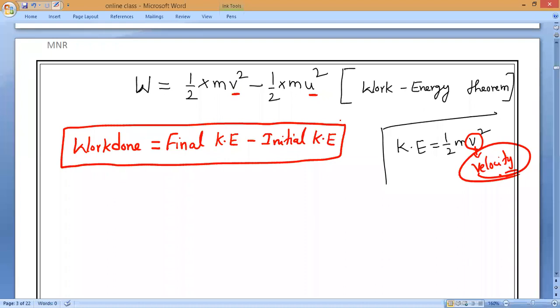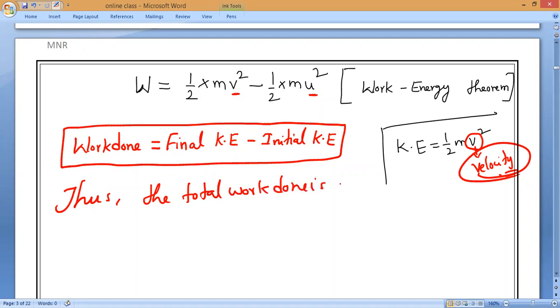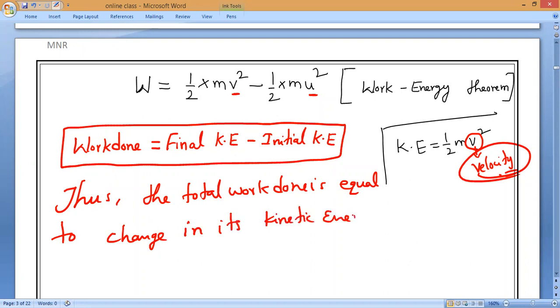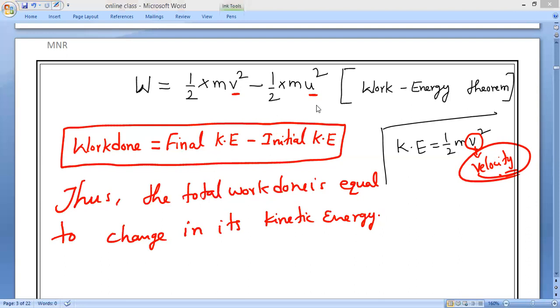Please remember that. So the total work done is equal to change in kinetic energy. Clear, everybody?